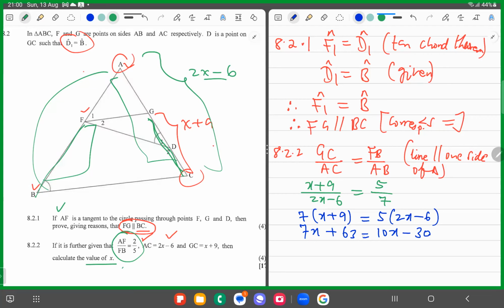So 10x minus 7x would be 3x. 63 plus 30 is going to be 93. You divide both sides by 3. 93 divided by 3 becomes 31. And therefore, this is the answer. The question was to determine the value of x, and we have found the value of x there.